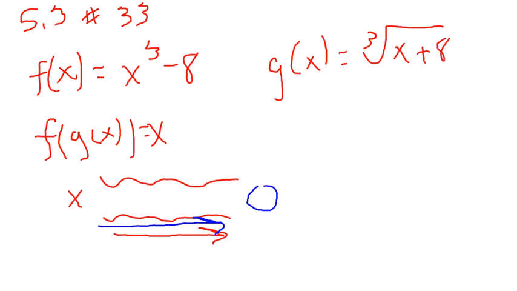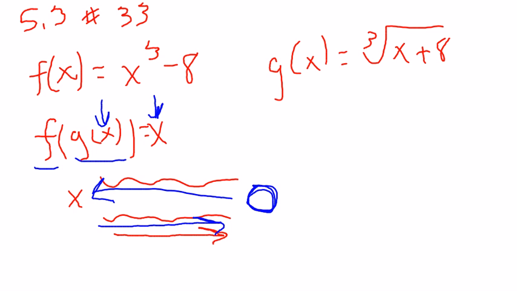So no matter what we get out on this side, when I do f of g of x, the output should take me back to the original input. Since this is the input, this becomes the output if f and g are inverses.